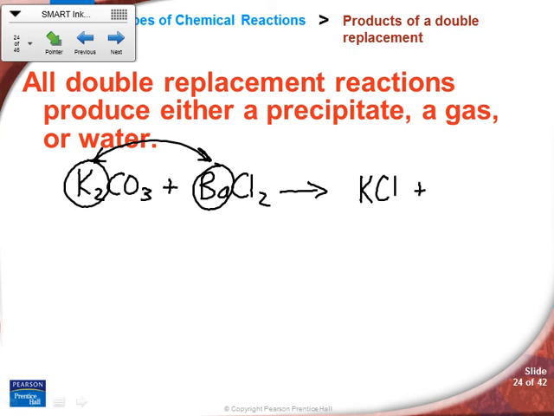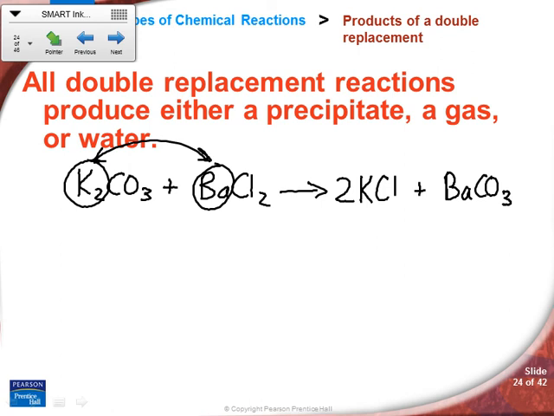Barium's charge is 2 plus, okay? And then carbonate, you might not remember that one, it's on your chart, it's 2 minus, okay? So you just need one of each of those. BaCO3, good. Now, I guess we got to balance this too. This one's pretty easy to balance. All we have to do is put a 2 in front of the KCl. Okay?